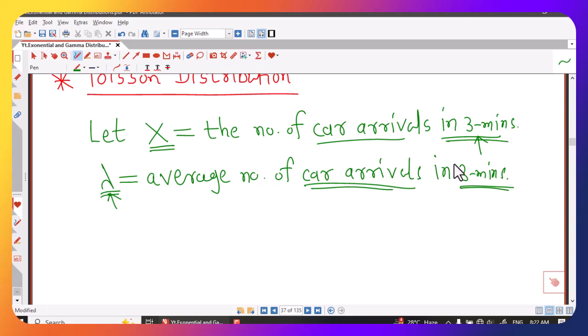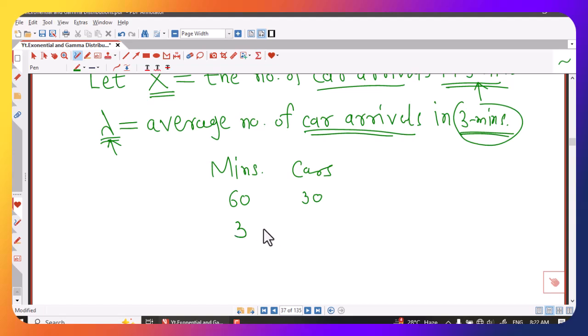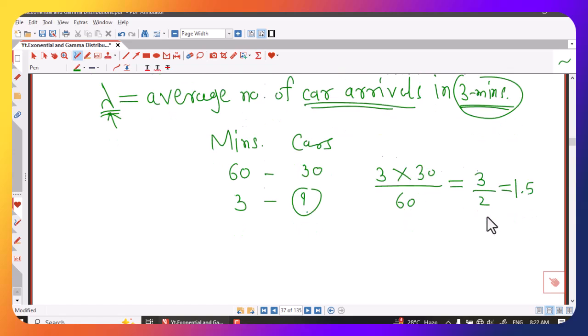Now we are not given the average number of cars arriving in 3 minutes. We are given the average number of cars arriving per hour, that is in 60 minutes. They are given that 30 cars are arriving. So we can calculate for 3 minutes easily. So this turns out to be 3 into 30 divided by 60, that is 3 by 2 or 1.5.